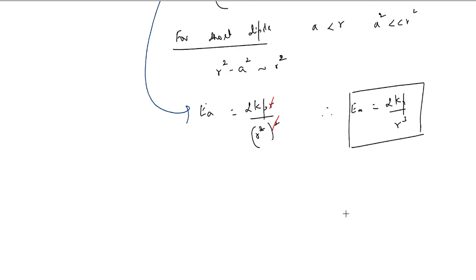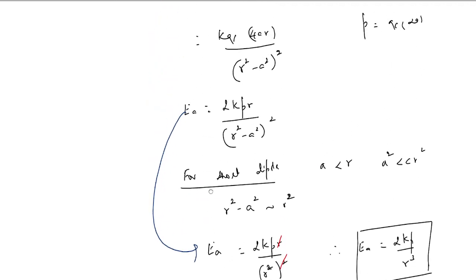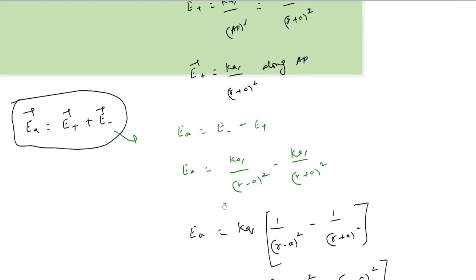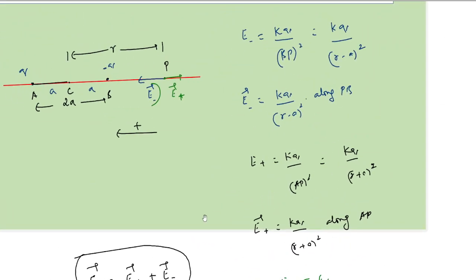But keep in mind that electric field is a vector quantity. Therefore, in vector form, E_A would be 2kp by R cube. In terms of direction, recall here, E minus is dominating because that is close to the point P. Here E minus is dominating, so the net field would be in this direction.